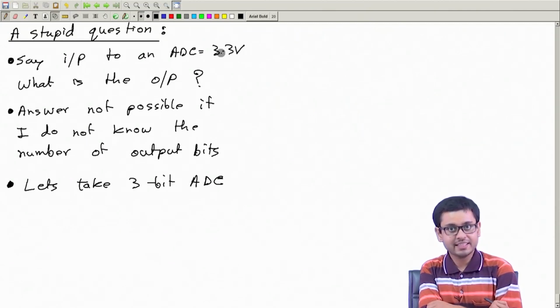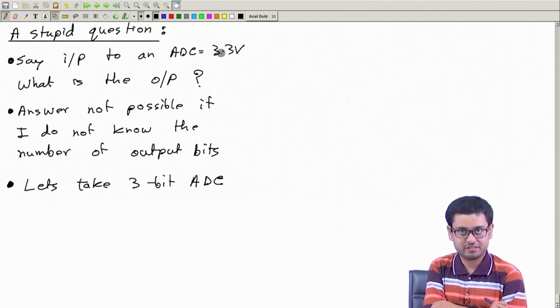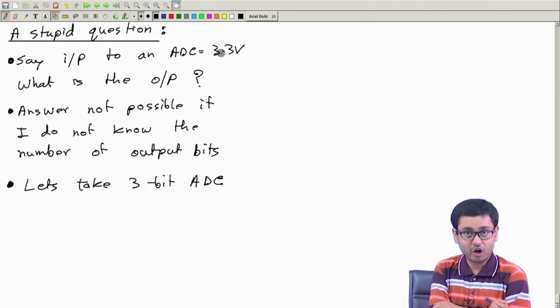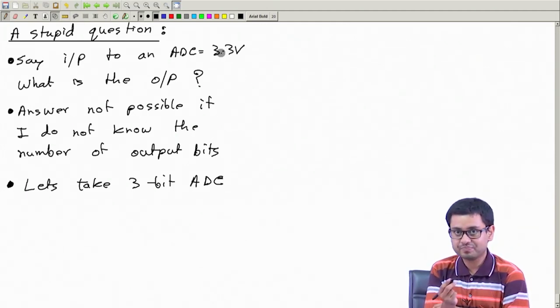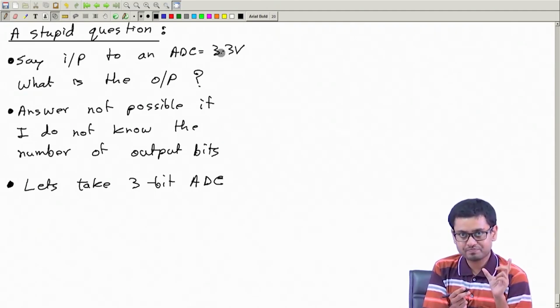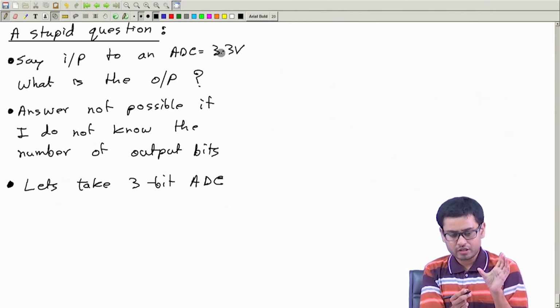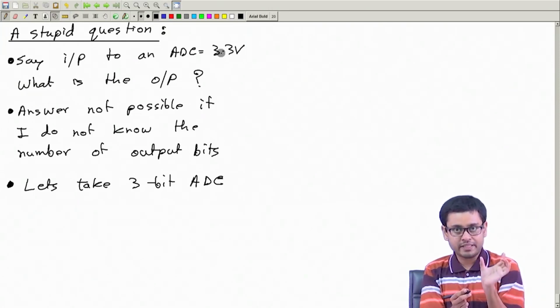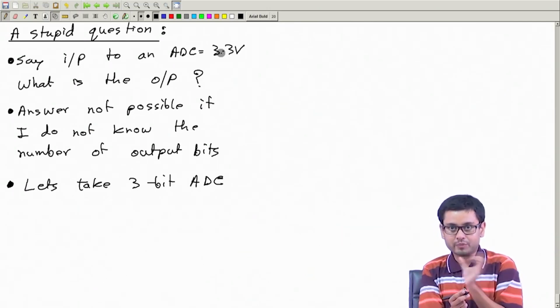No. This is still a stupid question, still a wrong question, because I cannot give you what the output value is unless I know the resolution or how much the number 001 is equivalent to in terms of volt.